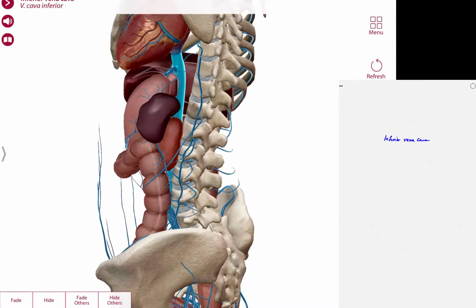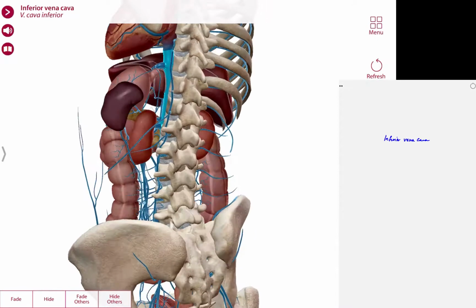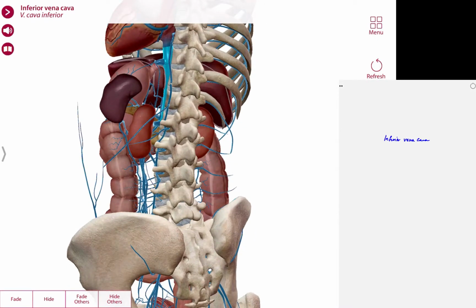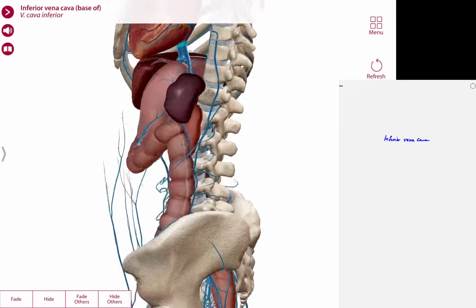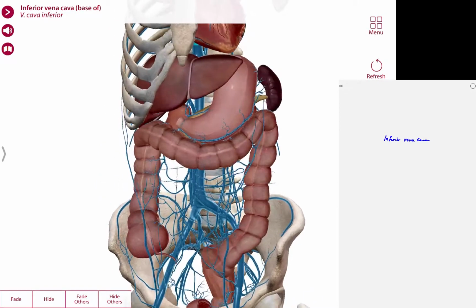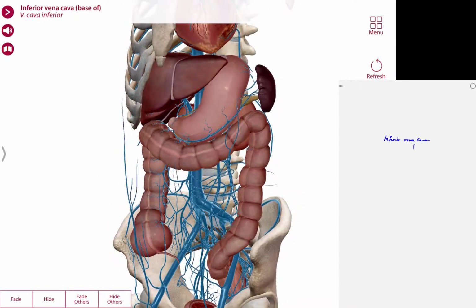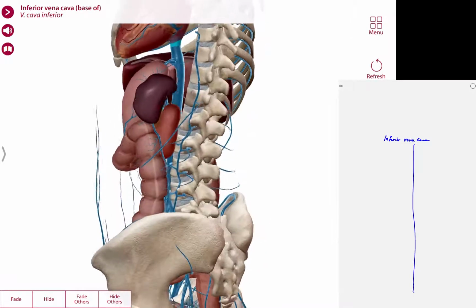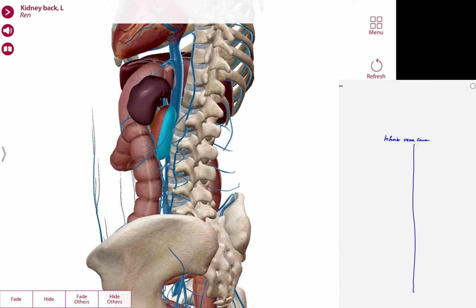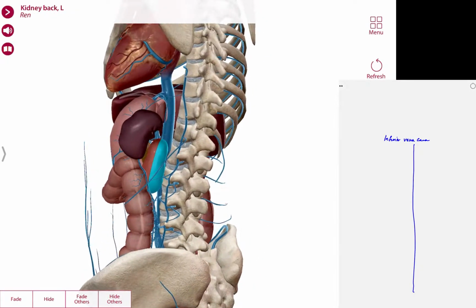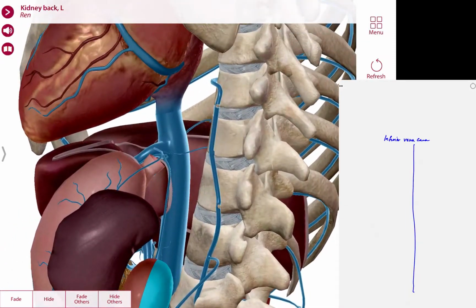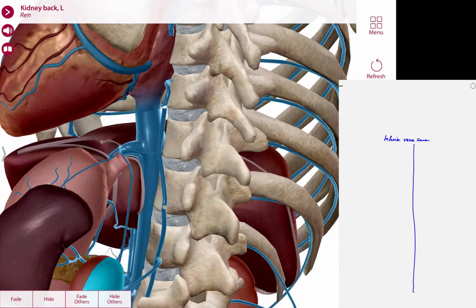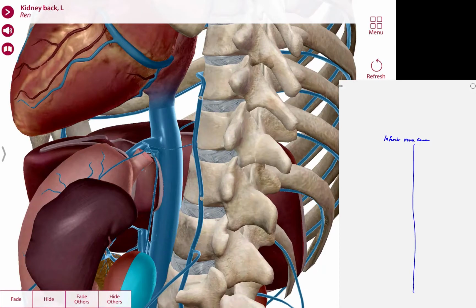The inferior vena cava is right here, and basically it's going to be coming in to the right atrium of the heart. Now, when we look at the inferior vena cava, let me kind of zoom into it. We can work our way down the branches.